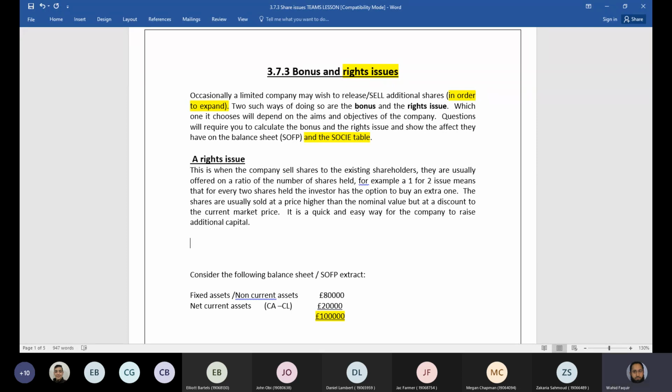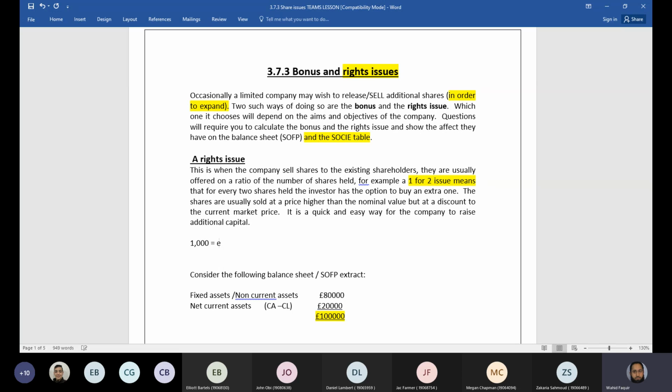Now, what if there are 1,000 shares in circulation at the moment, and the rights issue is on this basis, which I'm highlighting, 1 for 2. How many shares are going to be issued, and how many shares will there be in total after the issue?